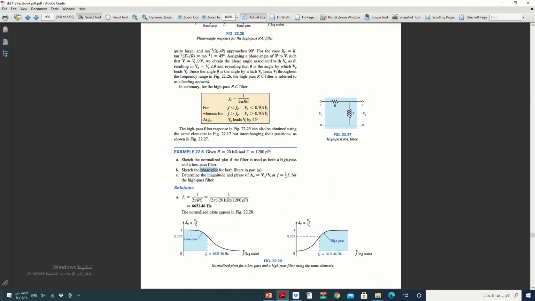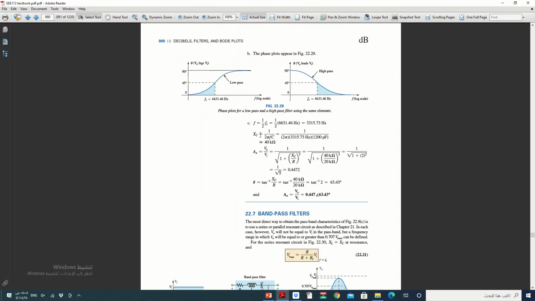Part C says determine the magnitude and phase of V output over V input at half of the cutoff frequency, only for the high pass filter. What does it mean, cutoff frequency divided by 2? This means 6631 divided by 2.